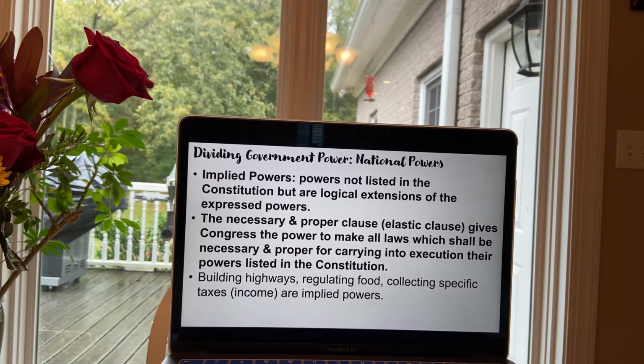So Congress can make laws if they feel that it will help them execute their powers that they have been given. For example, an implied power would be building highways, regulating food, and collecting specific taxes like income tax, because the Constitution doesn't specifically list how Congress is supposed to collect taxes. So that's an implied power.